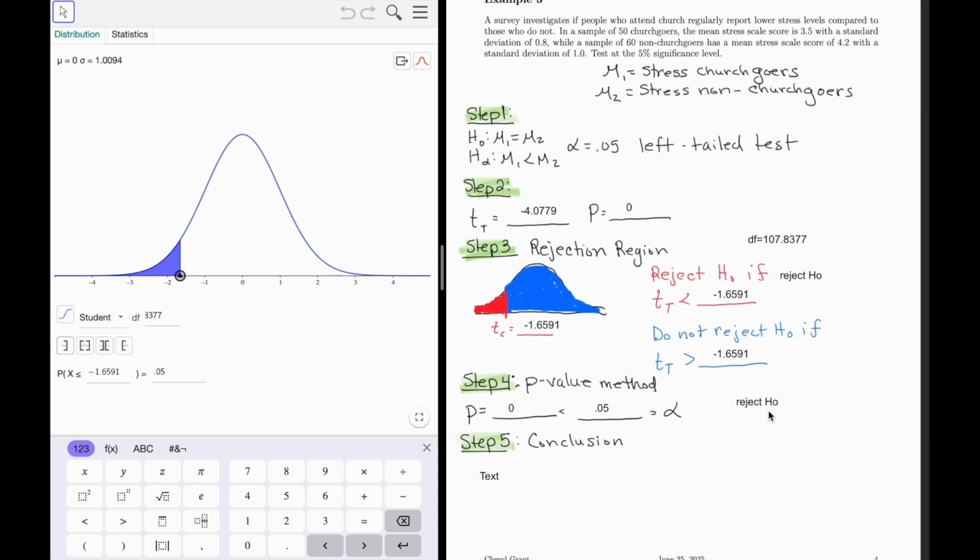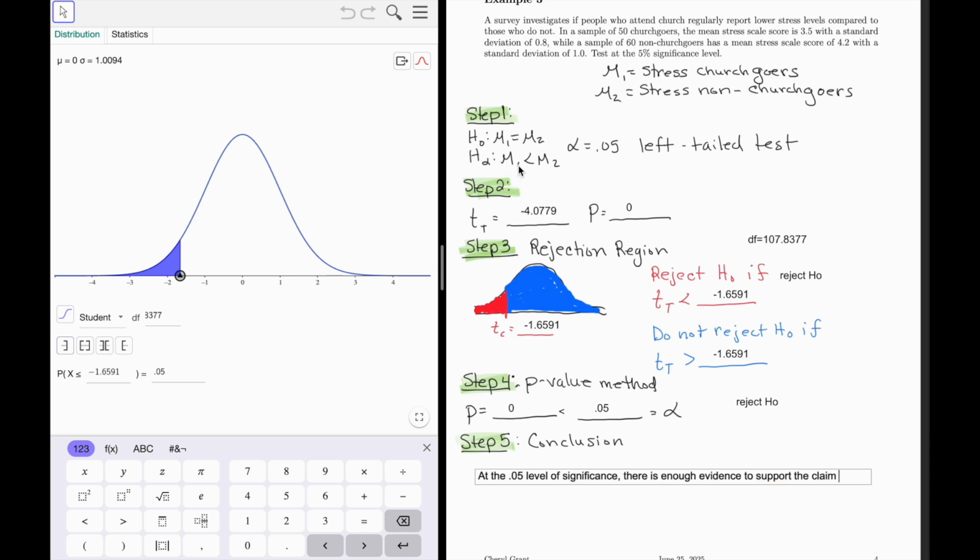So now all I have to do is write my conclusion. So I'm going to say at the 0.05 level of significance, because we are rejecting H0, there is enough evidence to support the claim.